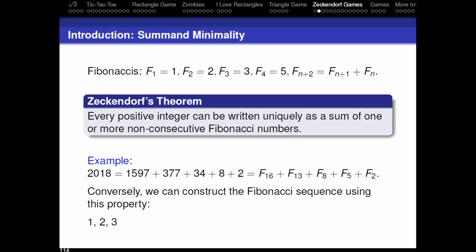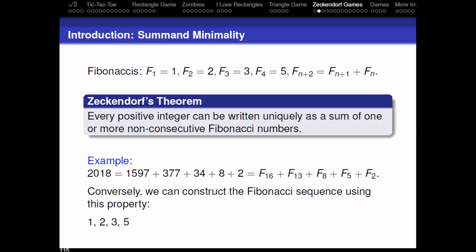Can I get 4 using these numbers without two adjacent ones? 1 plus 3. So I don't need to write down 4. What about 5? Can I get 5? No, so I have to add 5.